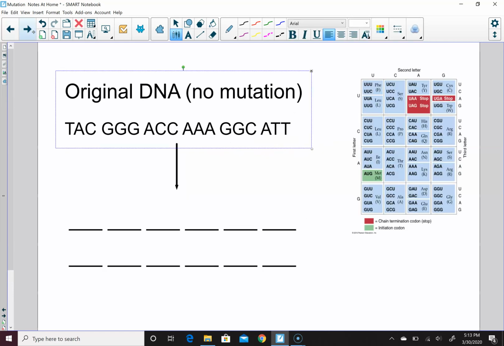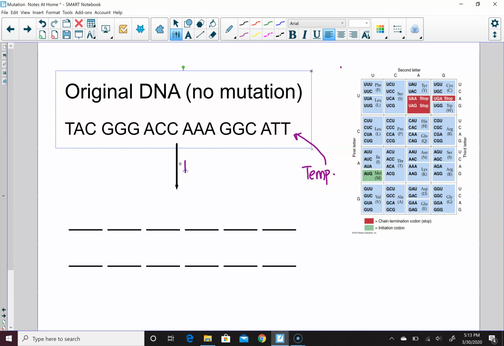Okay, so let's talk about this. There always has to be an original DNA somewhere. So your original DNA, in this case, is TACGGG. This is known as the template strand. The template strand is what is going to make your mRNA, which is eventually going to make your protein.